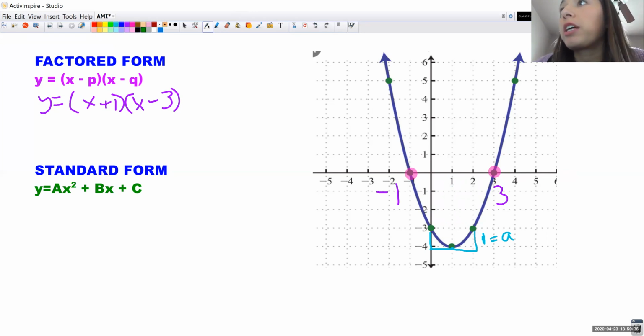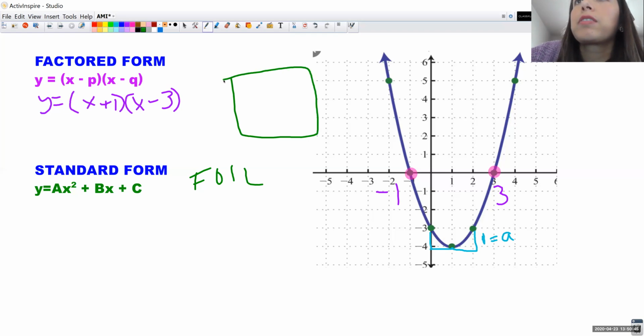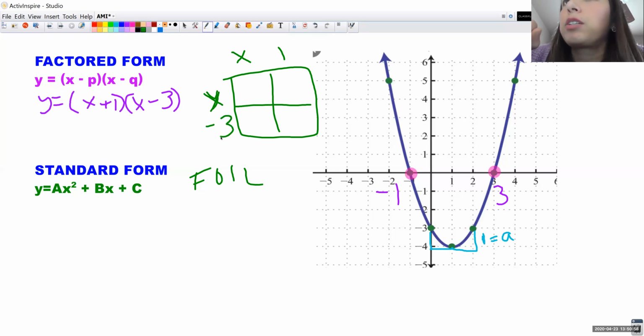by multiplying. You can either use FOIL or the box method. I'm going to use the box method, and so on one side I put x plus 1, and on the other side I put x minus 3, and we're just going to multiply each and each square.